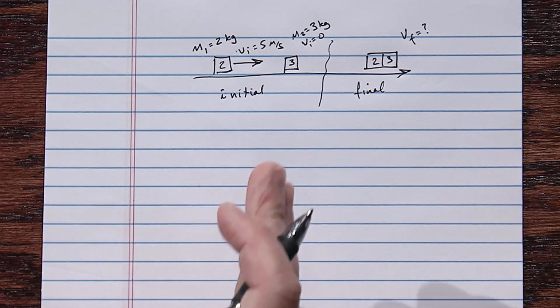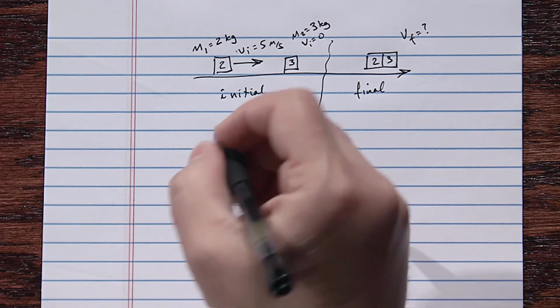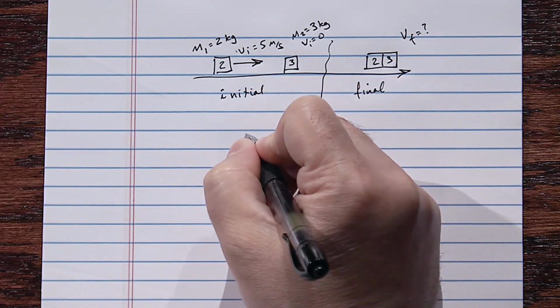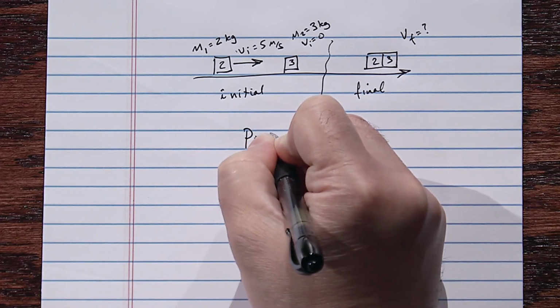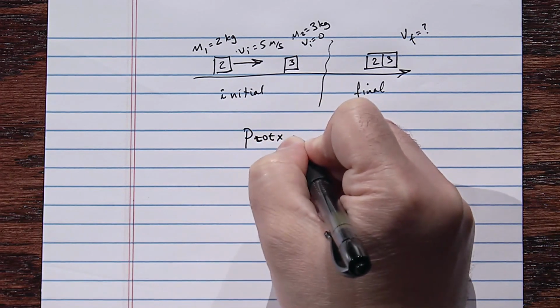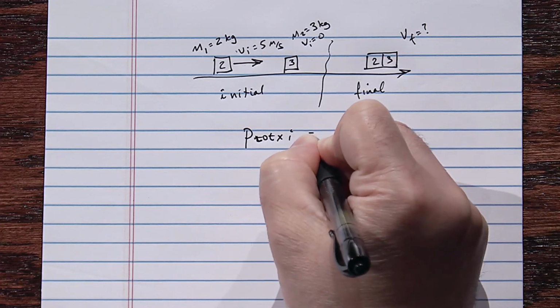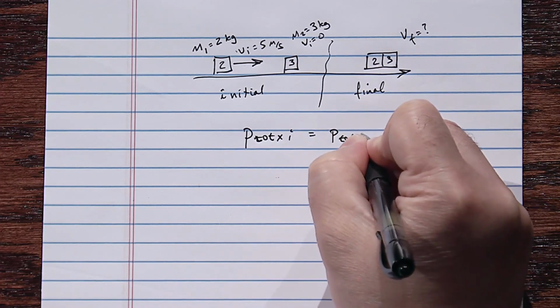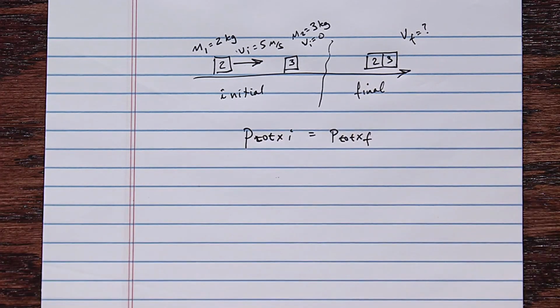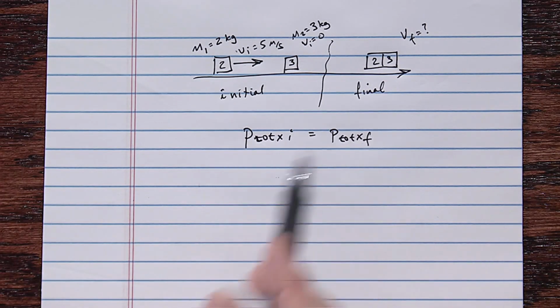We can go straight from initial to final using our equation, P total in the x direction initially is equal to P total in the x direction finally. That is our general principle here, that momentum stays the same from initial to final.